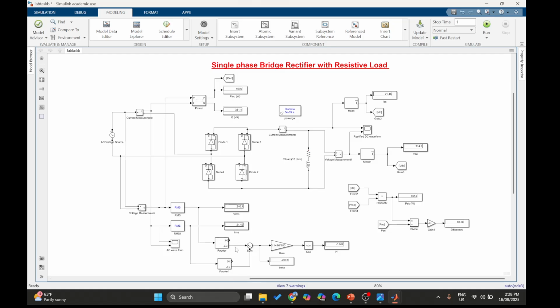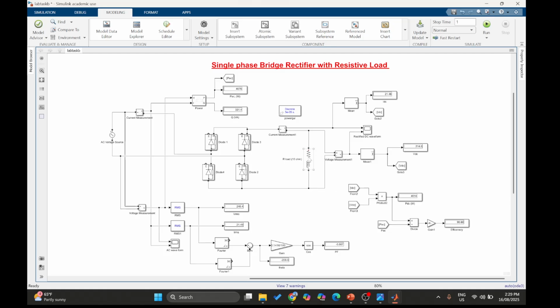I'm subtracting the current phase from the voltage phase, and I gave it to the gain. So what I get here is theta, and that theta is changed to radians, and I'm using a cos, a trigonometric function, to get the power factor.